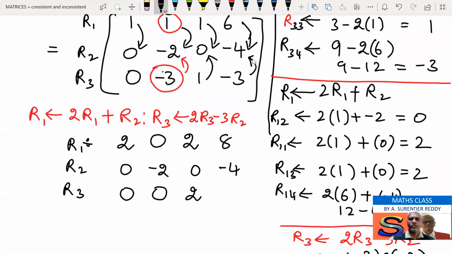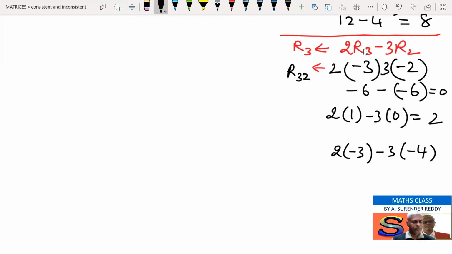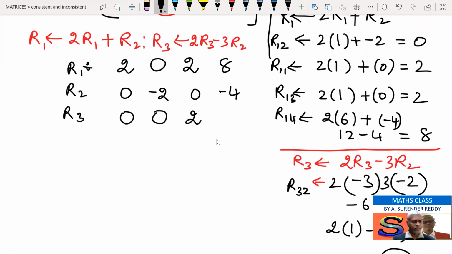Here 2 into -3, and -3 into -4: R3 has -3, R2 has -4. So 2 into -3 is -6, minus into minus is plus 12. 12 minus 6 is 6. So this becomes 6.